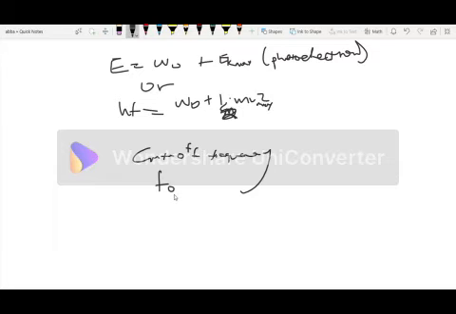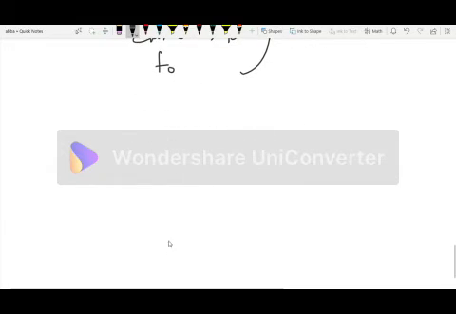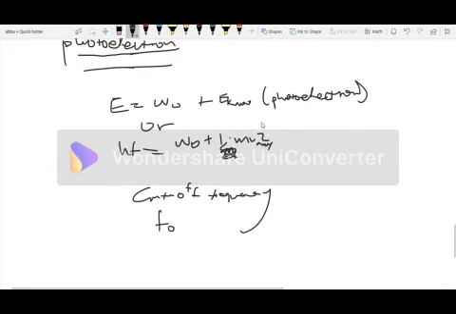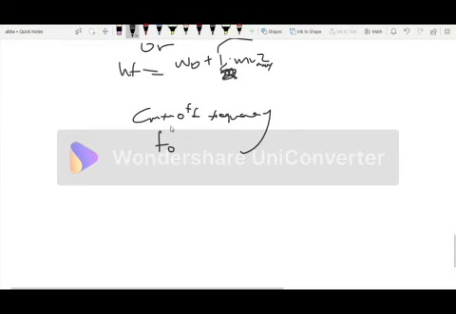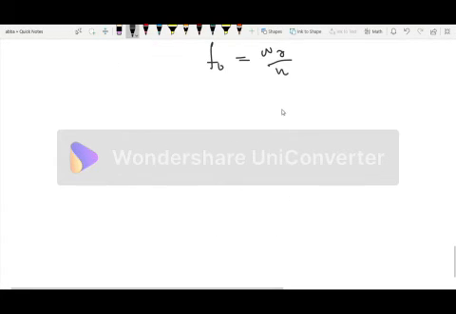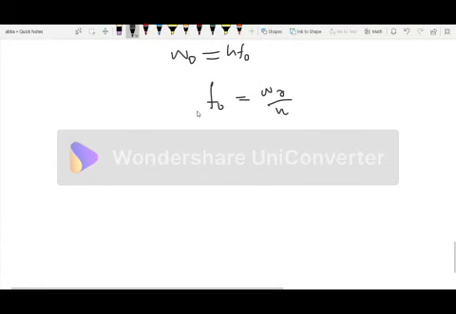So there won't be any kinetic energy, meaning that in this case, because there's no kinetic energy, we are left with what? We are left with the work function that equals h times the cutoff frequency. Now the cutoff frequency will equal the work function divided by Planck's constant. Now that is basically how we can narrate this.